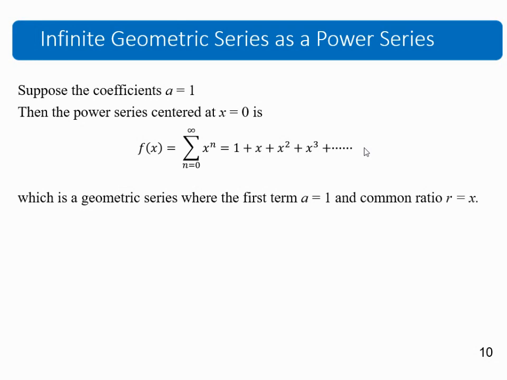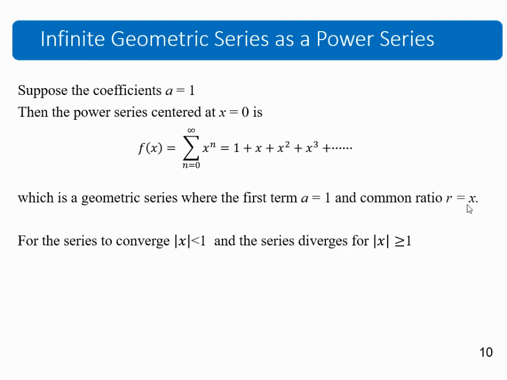Now we want to determine what values of x will allow this series to converge. So remember that your first term is a equal to 1, and your common ratio r is x. So in order for this series to converge, you remember that your common ratio r has to be less than 1 in absolute value.